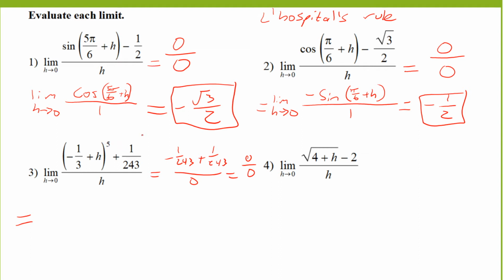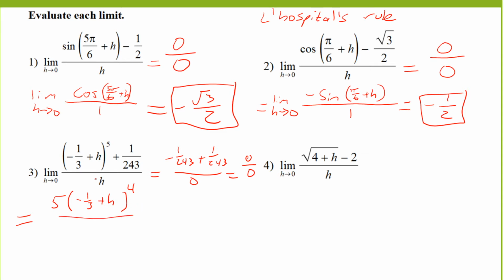Okay, so Sarah, over to you. What happens when you derive the top? Okay, negative 1/3 plus h to the 4th power, and then I would multiply by the derivative of the inside, which is 1.